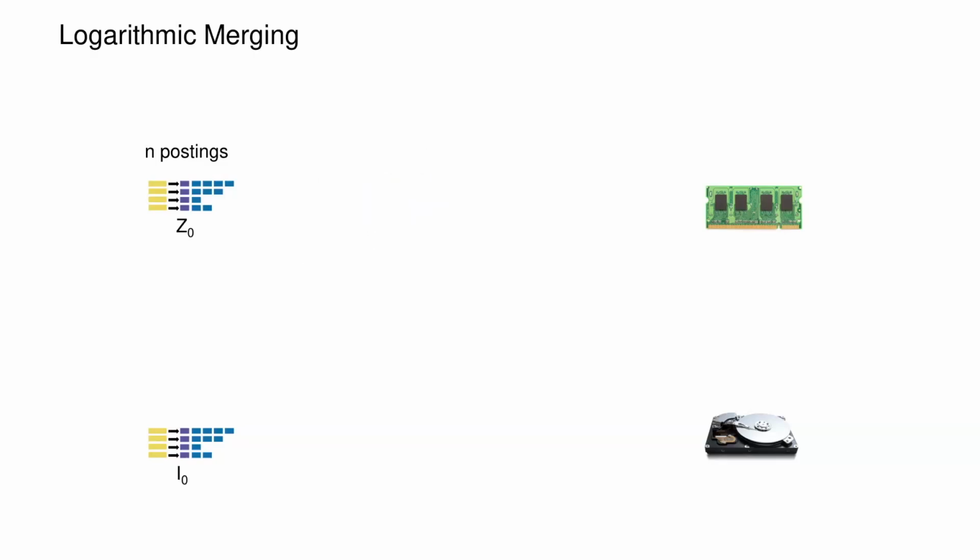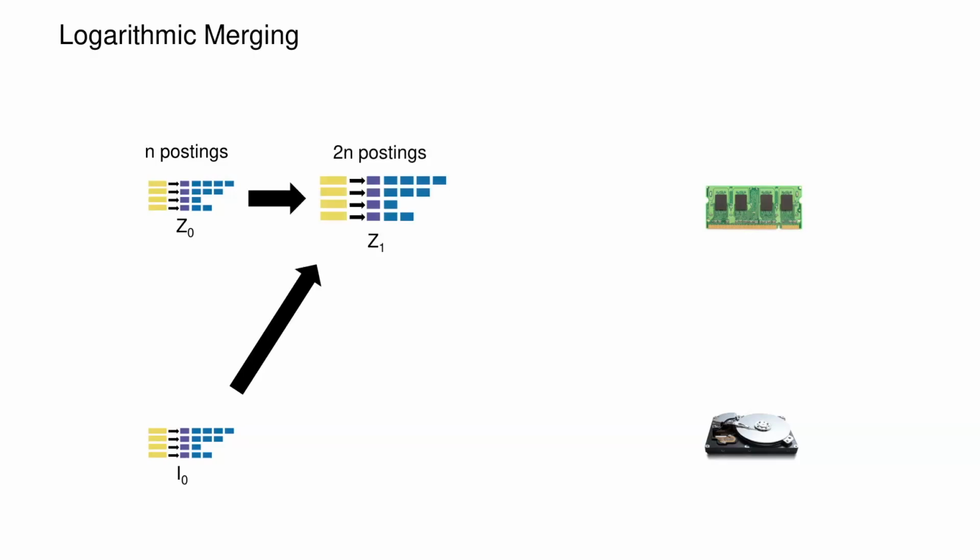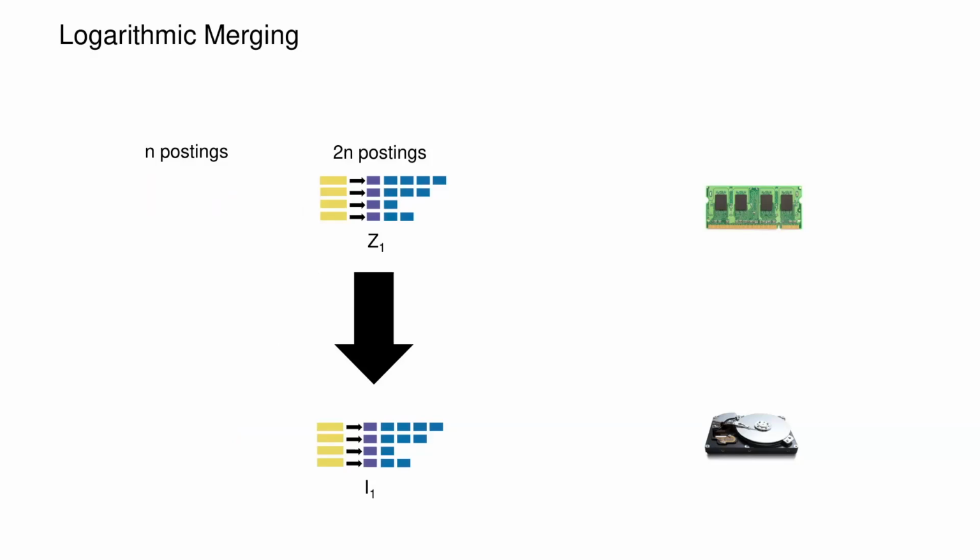Except that, technically, I already have an index of that size on disk. And so what I'm going to do is that instead of creating a second index of that size on disk, I'm going to merge them into an index of double the size. Sorry, that's level 1. Right? So now I have one index of 2n postings, and I put it back on disk.